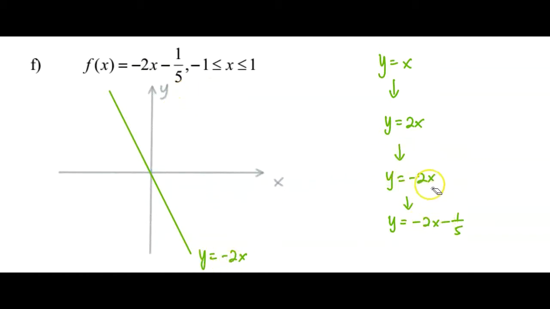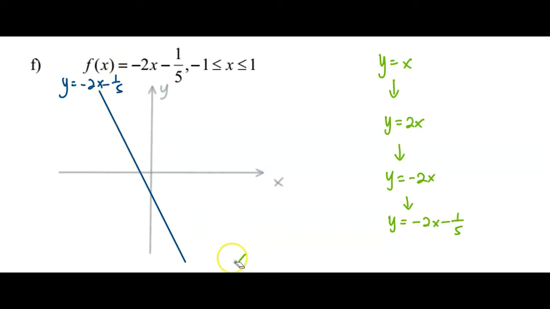Now, negative 2x going down by 1 over 5 unit, you can see that I'm drawing a line which is parallel to y equals negative 2x, but the graph is translated 1 over 5 unit downwards. Then now you can label it as negative 2x minus 1 over 5, and the green line you can just erase off.